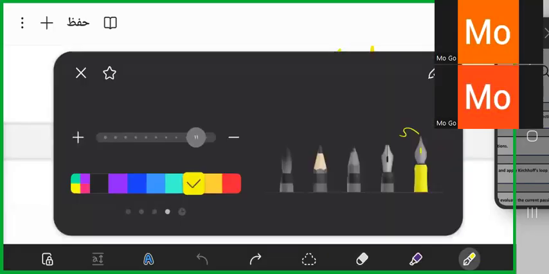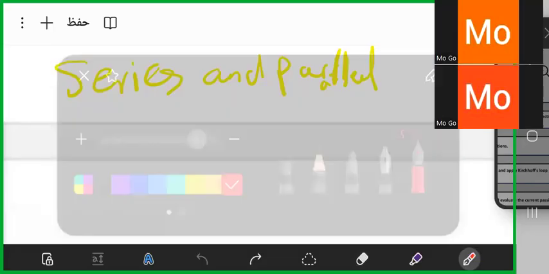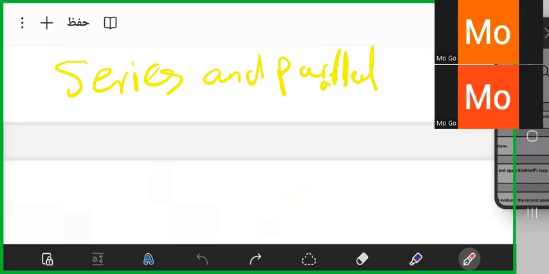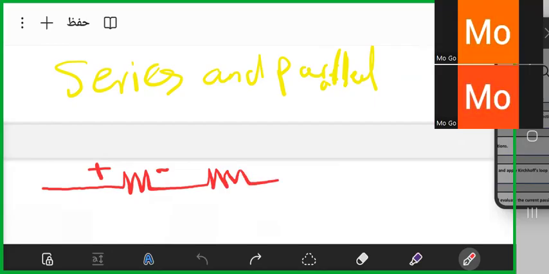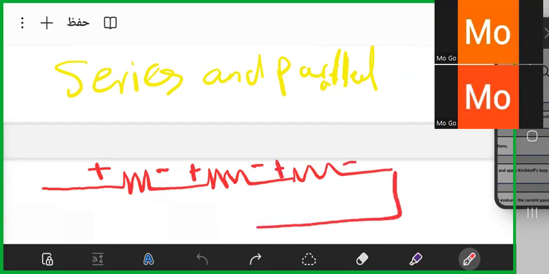Let's change this color to that. Let's talk. When we have the current, here positive, here negative, the resistors are continuously connected. Here positive, here negative, positive, negative, positive, negative.